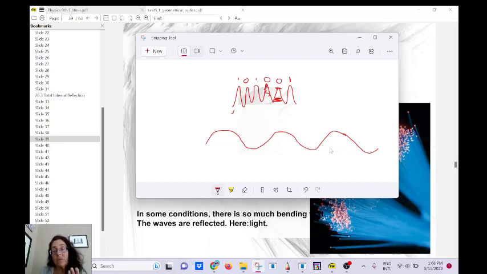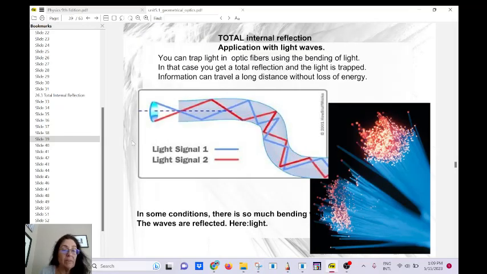For example, when I talk into my phone, to carry that information I'm going to use radio waves, which are the carrier. But if you want to carry more information, radio waves or microwaves don't have enough frequency. So instead, I can use visible light. So that's an application.